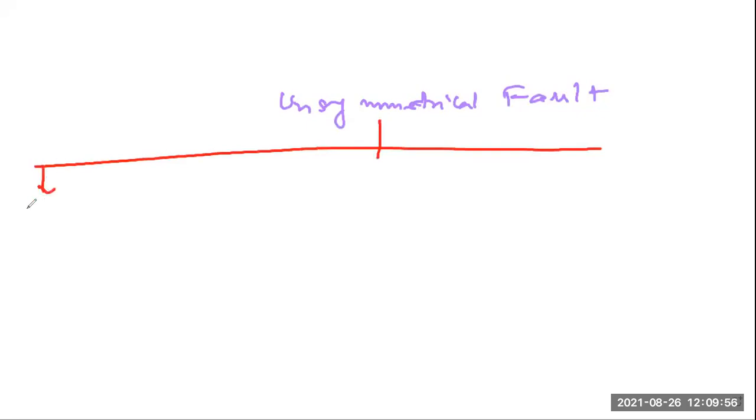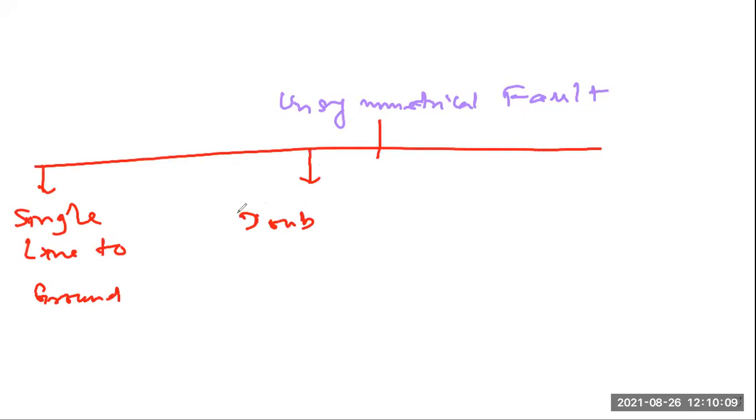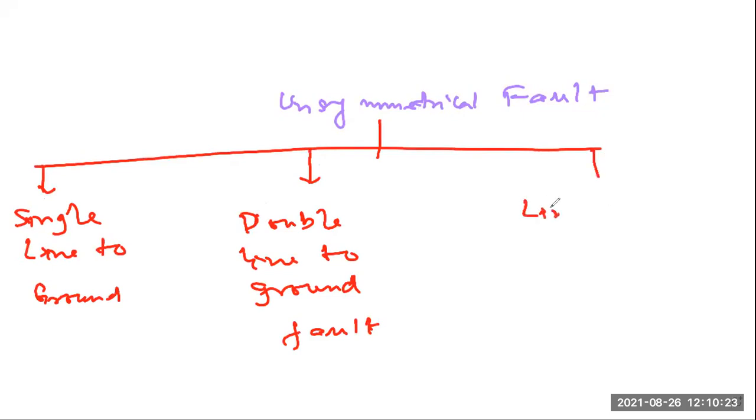First is the single line to ground fault. Then we have the double line to ground fault. Then the third one is the line to line fault.